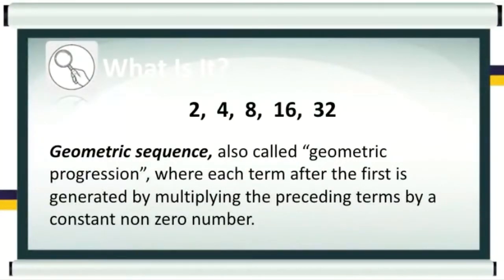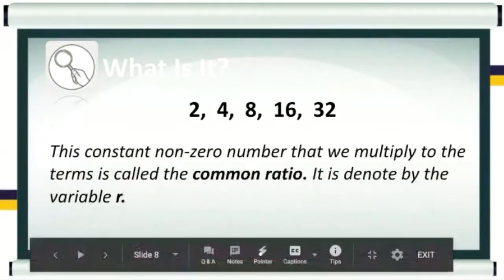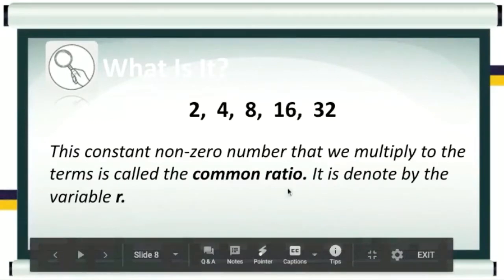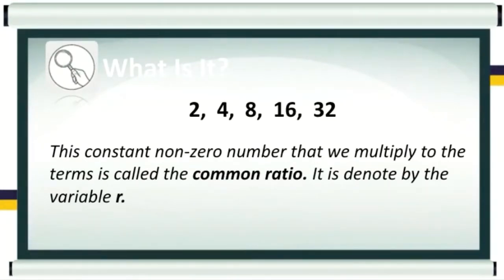is also called the geometric progression, wherein each term after the first is generated by multiplying the preceding terms. This constant non-zero number that we multiply to the terms is called the common ratio, and it is denoted by the variable r.